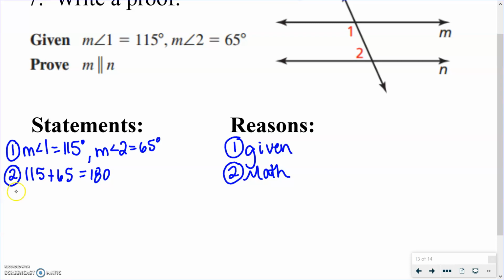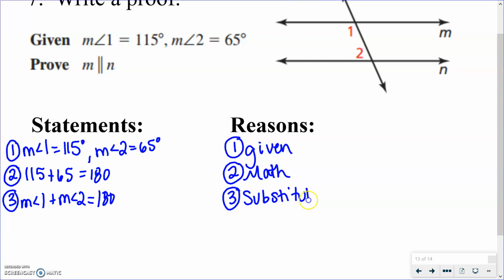And then we're going to take this equation that we wrote, and we're going to substitute in the measure of angle 1 for 115, and we're going to substitute in the measure of angle 2. I just said it twice, so our reason here is substitution. That's why we can write that equation. Then reason number 4 is going to be that angle 1 and angle 2 are supplementary.